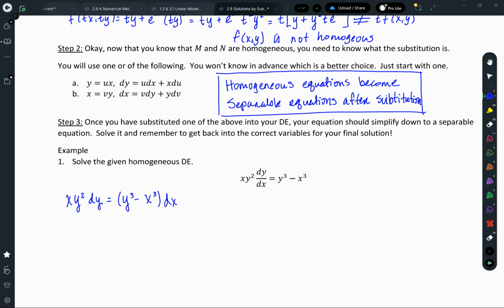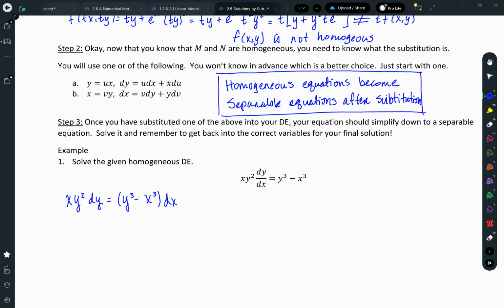They just need to be some other letter. Okay, we could use y equals tx. We could use y equals vx and x equals uy. It does not matter. The point is, what we're substituting in is what is proper for a homogeneous equation. We're letting one of the variables be a variable multiple of the other variable. That's kind of weird to say.